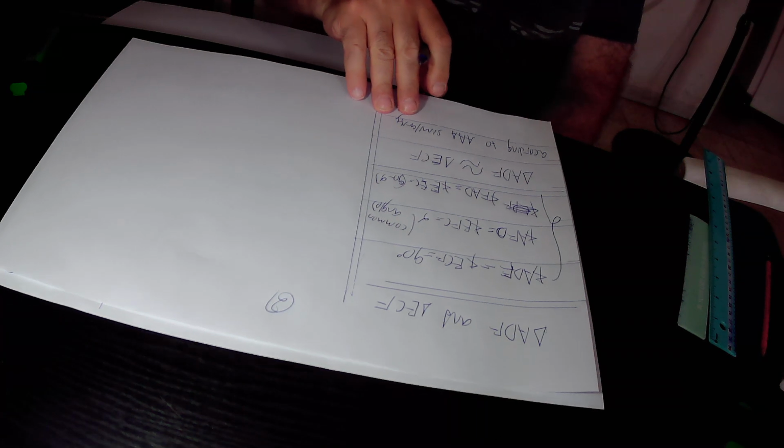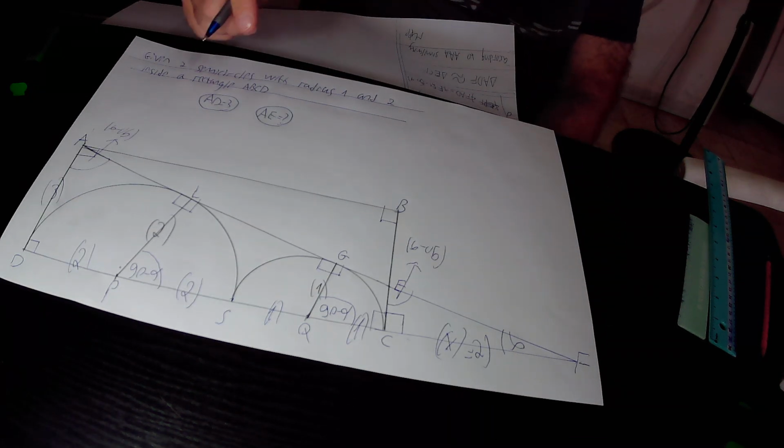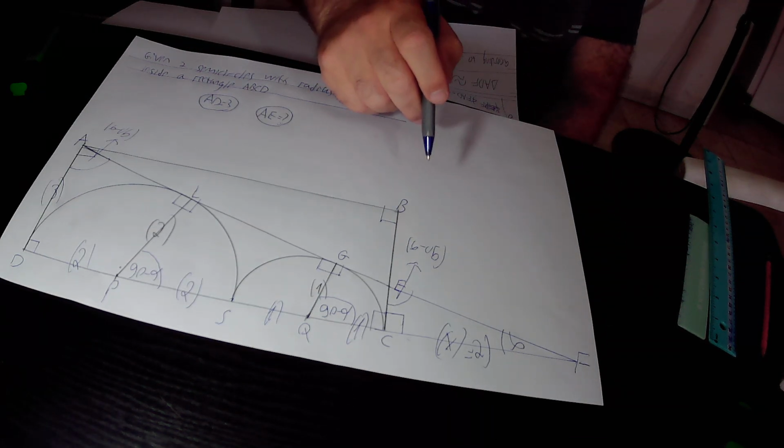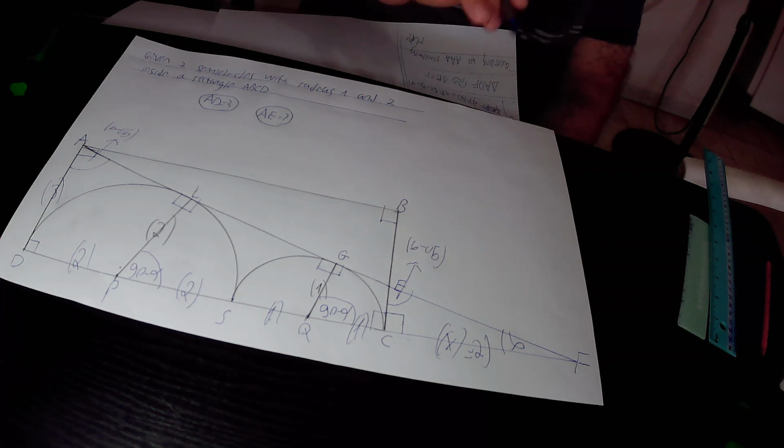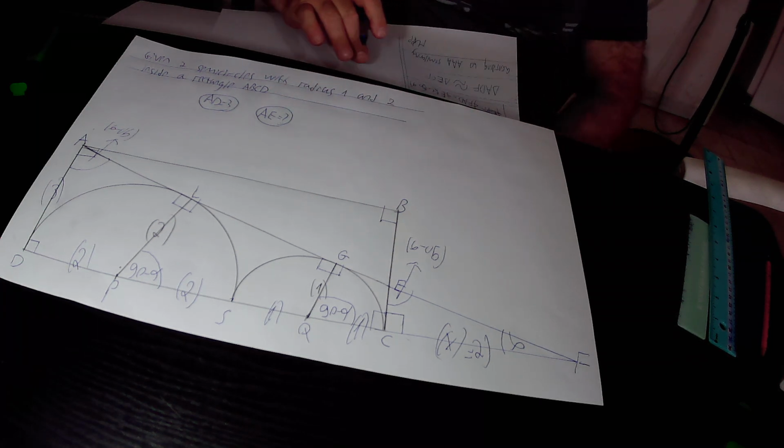From the fact that the biggest right triangle AFD is similar to the smallest right triangle ECF, we derive that the following relationship exists between their sides.